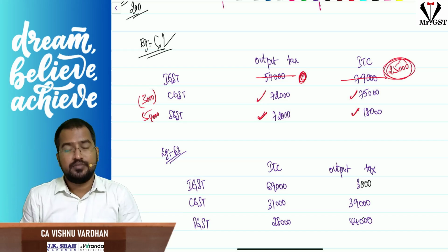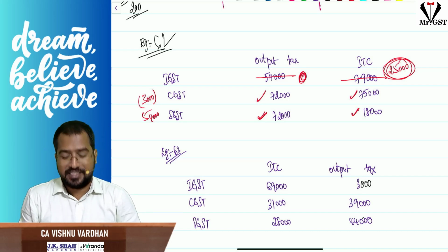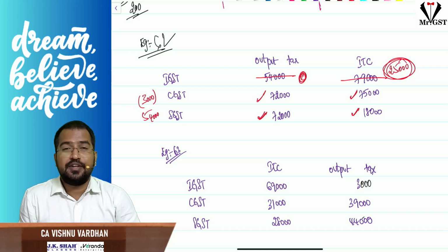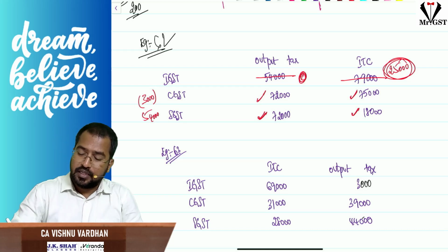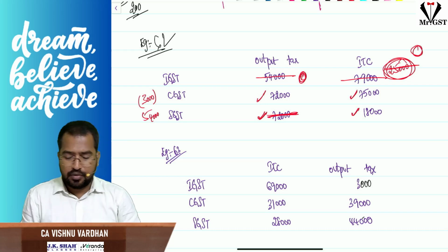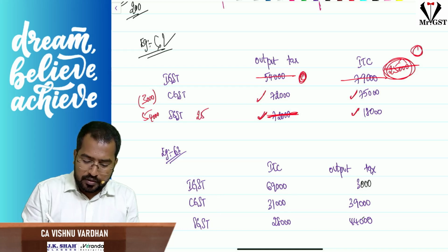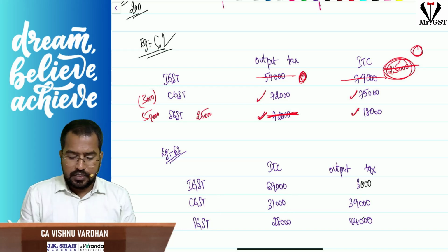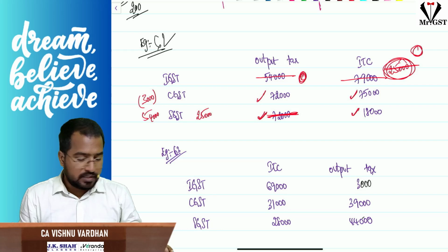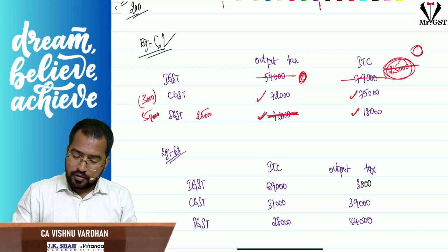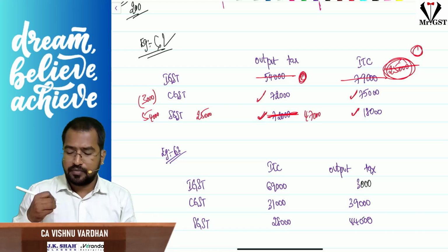Here help needed is 54,000, and in hand you have 25,000. Okay, help this fellow fully. So fully help, it is 25,000 to SGST. So 72,000 minus 25,000, still 47,000 is payable.